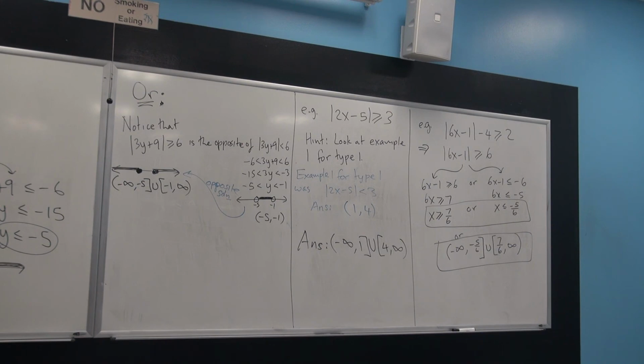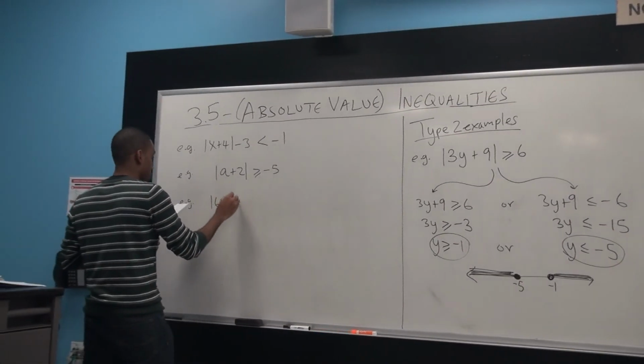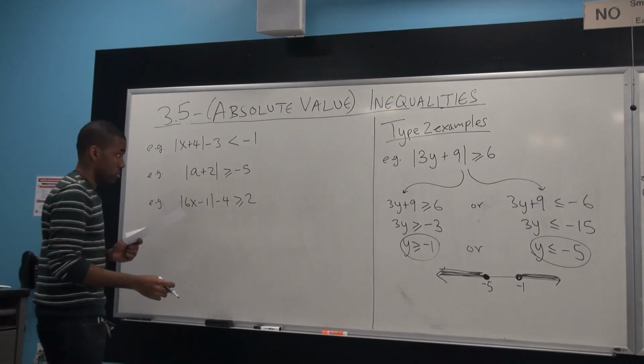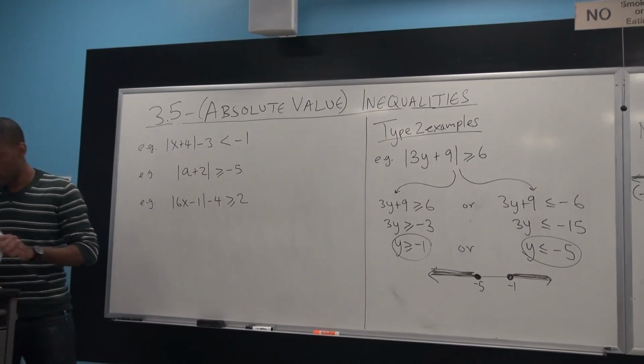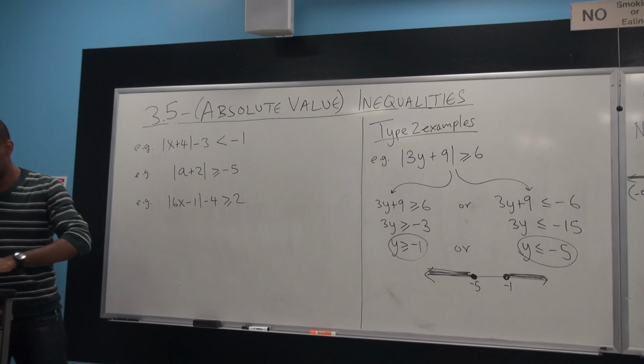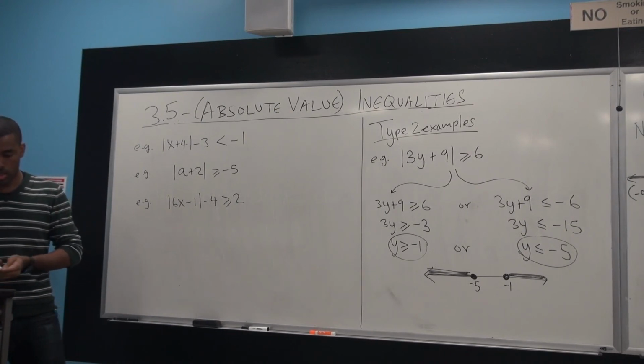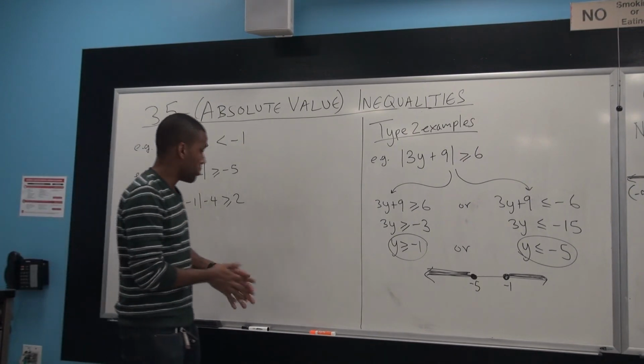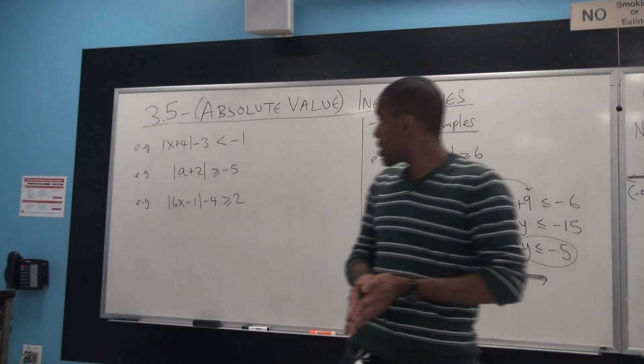Minus 5. 6x minus 1 minus 4. We'll end there, but you can try those for next time.